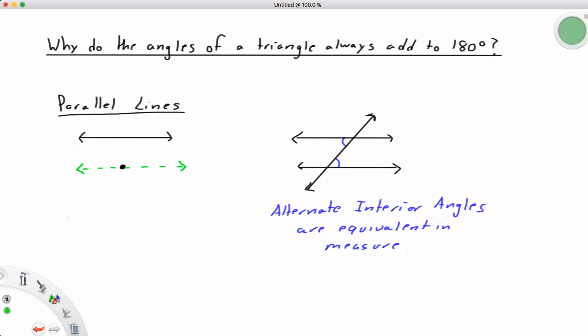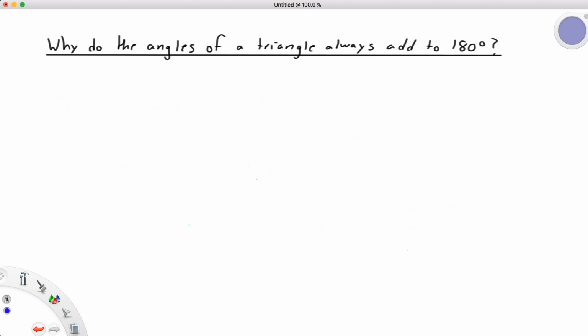And so this first one says that the parallel line through a point is unique, and the second one says that alternate interior angles are equivalent, and we'll take both of these two together. And so let's apply this to a triangle now. Let's say this is our triangle here, and let's say that we have a few different angles.